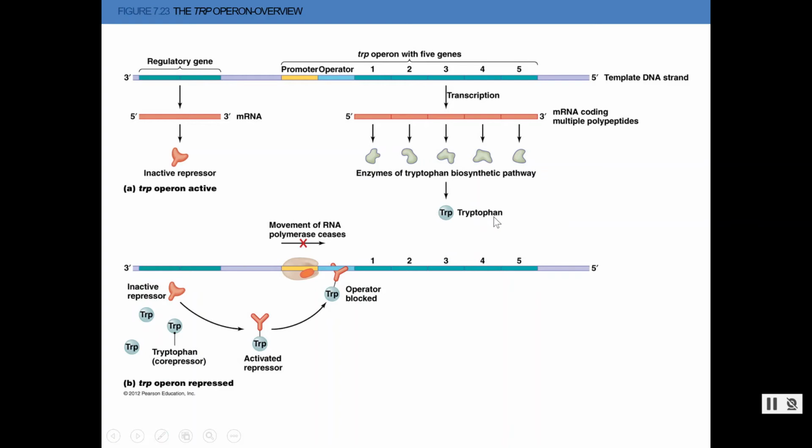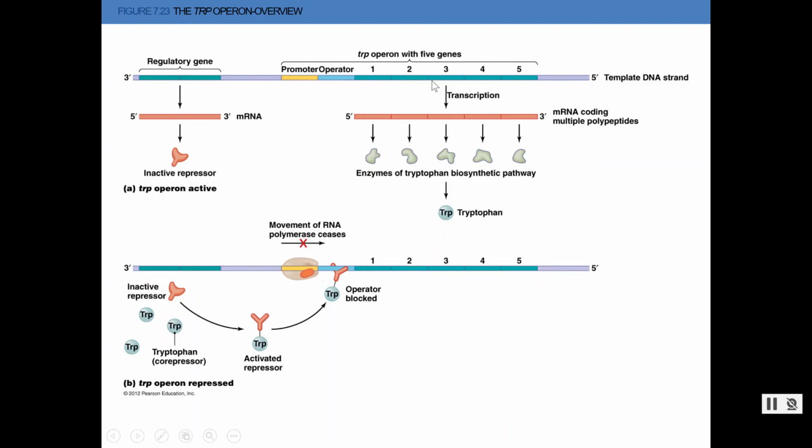It's something that we need. We either get it by consuming it, by taking it in and breaking down other proteins, or some organisms have the ability to synthesize tryptophan, which is good because you need it. So tryptophan can be synthesized, and in a prokaryotic cell, if we're going to make something, we're going to need enzymes, right?